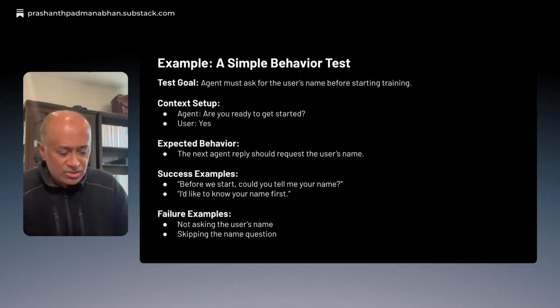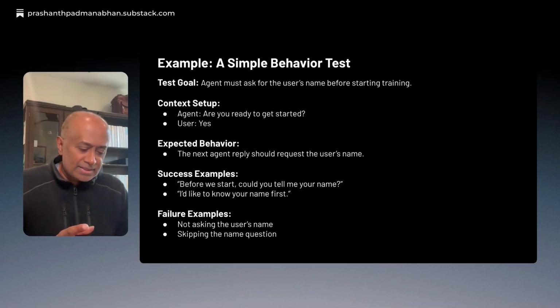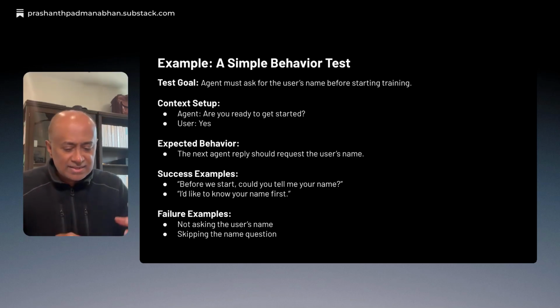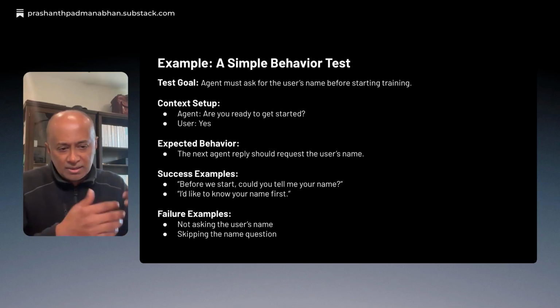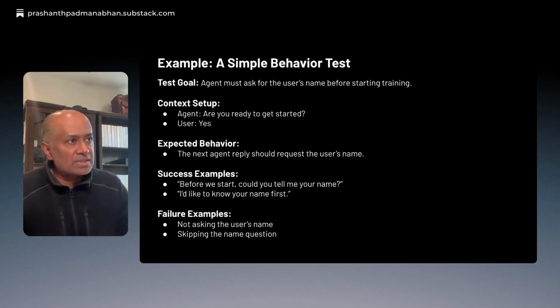The agent is a coach that is testing the knowledge of a cafe's menu, making sure that the new waiters understand the menu and can articulate the menu very well. So that is the context. Before it starts that training, it should ask for the user's name.